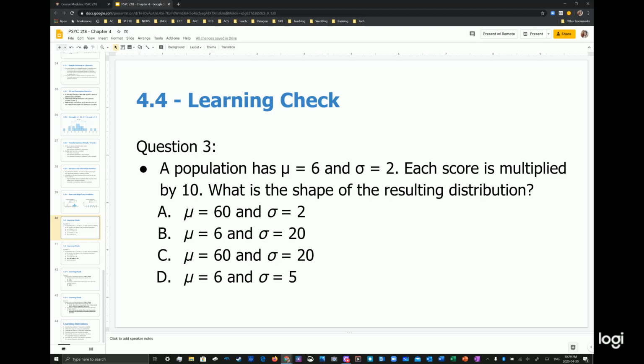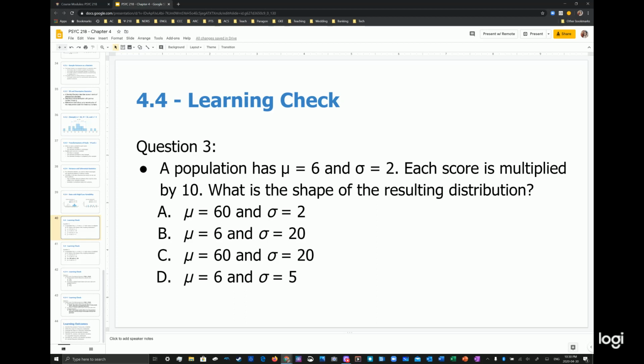But anyway, mu is 60 and sigma is 2 for A. Mu is 6 and sigma is 20 for B. Mu is 60 and sigma is 20 for C. Mu is 6 and sigma is 5 for D. Think about what was discussed and what happens when you multiply each score.